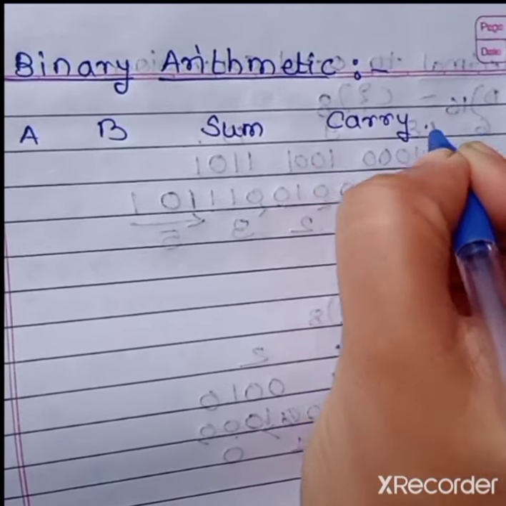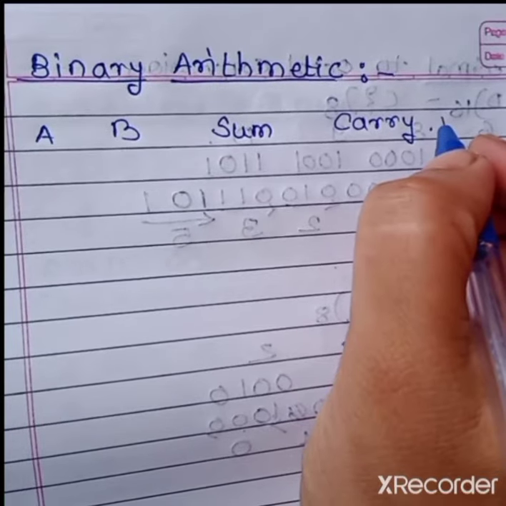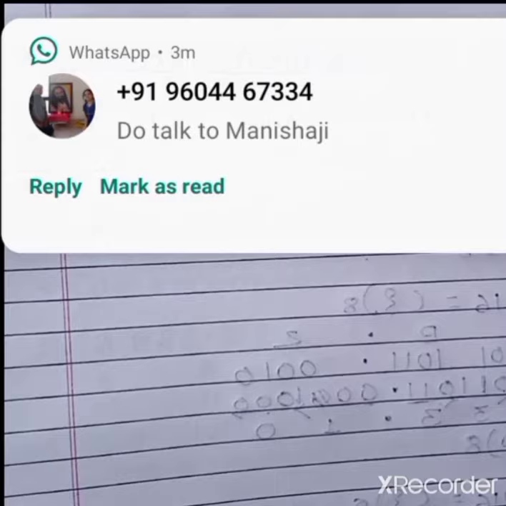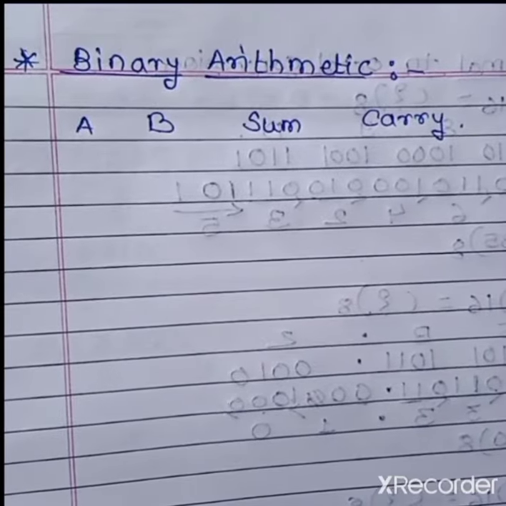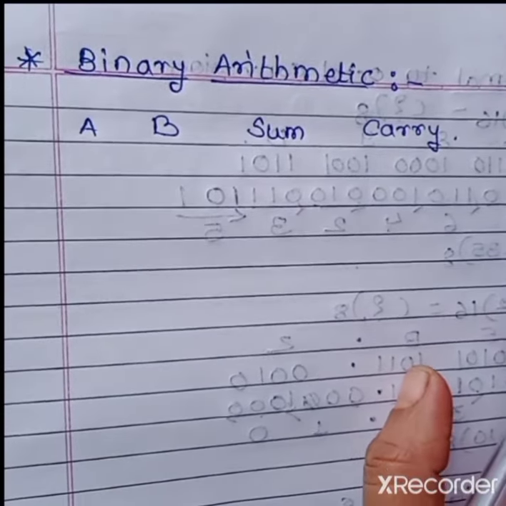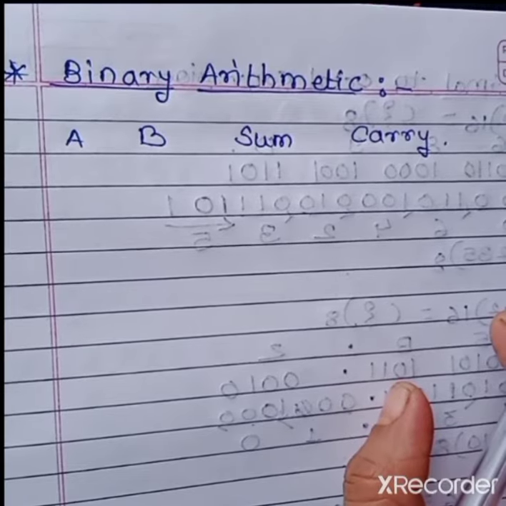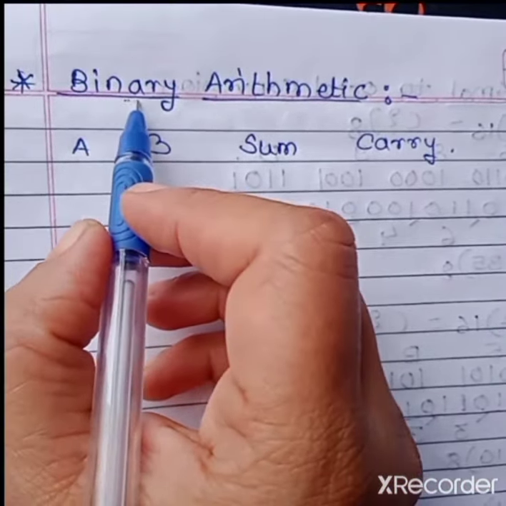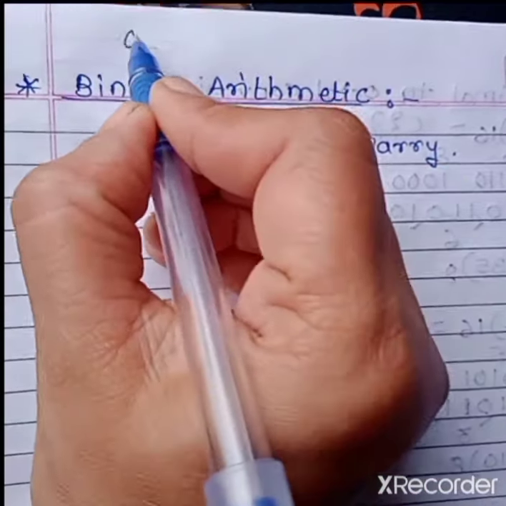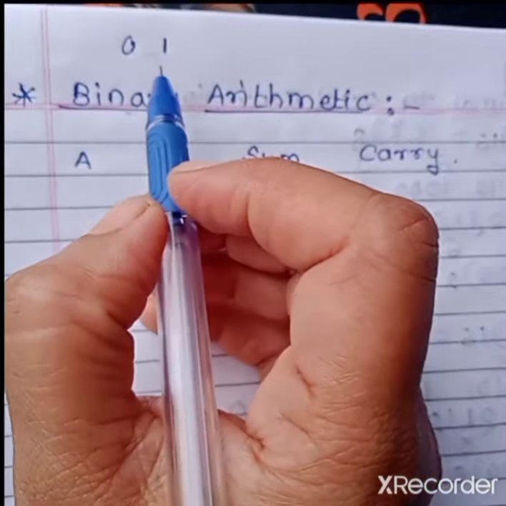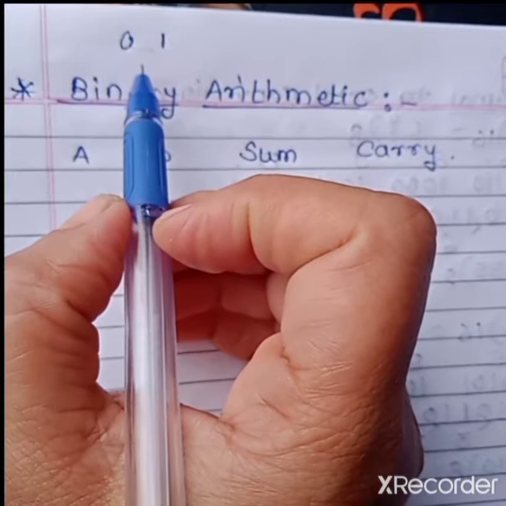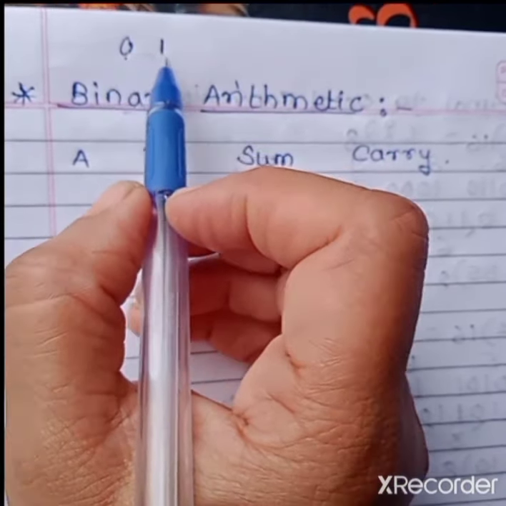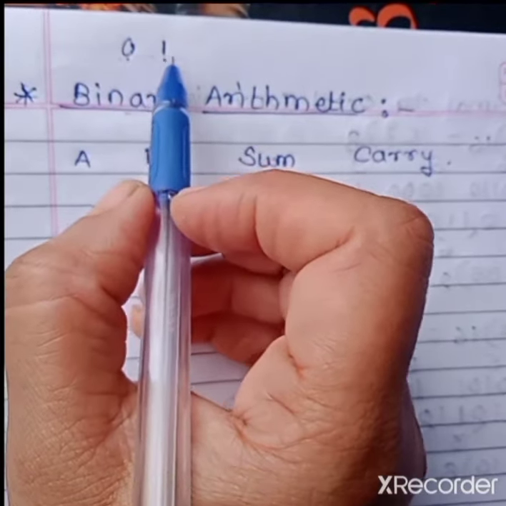Now we'll first see binary addition. For binary addition, we are taking 2 numbers, A and B. In binary there are only 2 digits, 0 and 1, so there are only 4 possible combinations while doing the addition: 0 plus 0, 0 plus 1, 1 plus 0 and 1 plus 1.